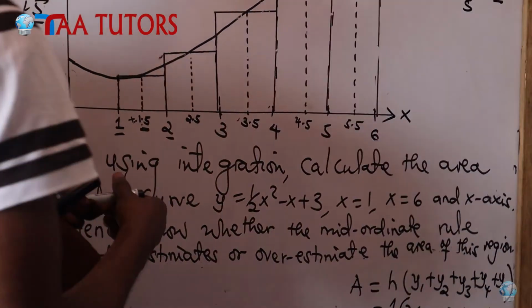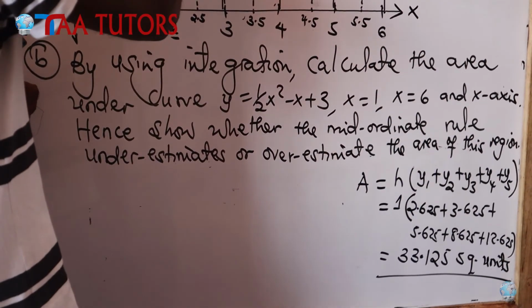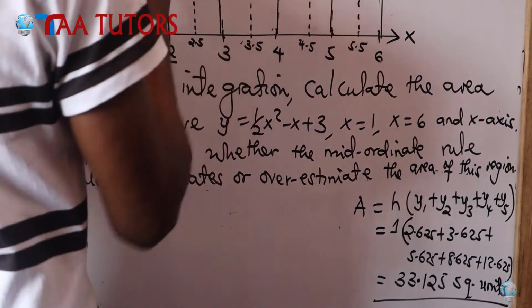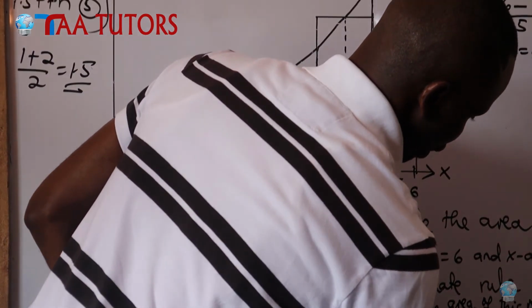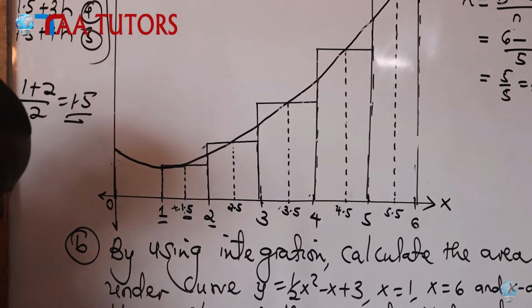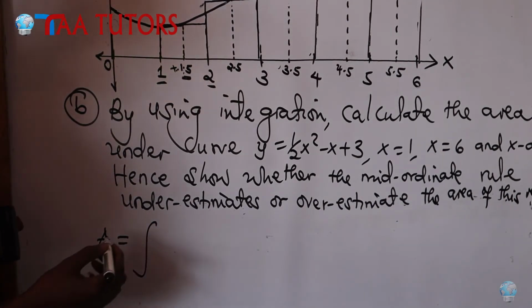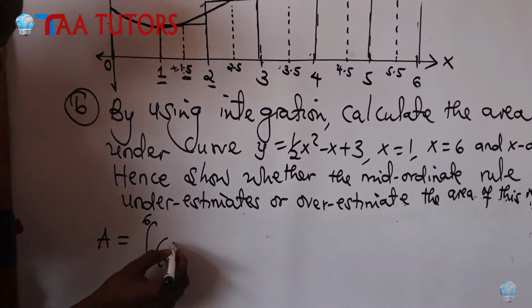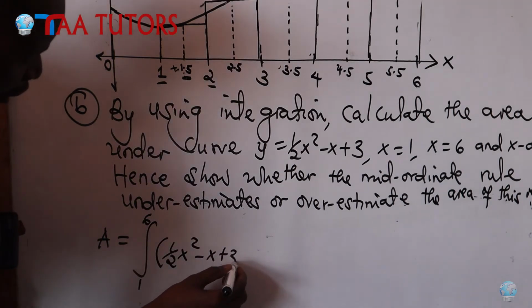So let me put aside the area we have gotten here, which is 33.125. This is the area under the curve using the mid-ordinate rule. Now what you are asked to get here is the actual area, and we know that is using integration. So the limits are 6 and 1, and the function is half x squared minus x plus 3.